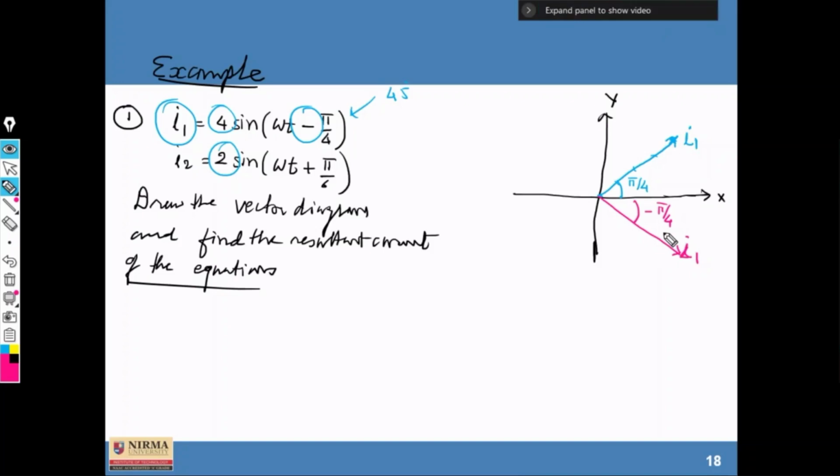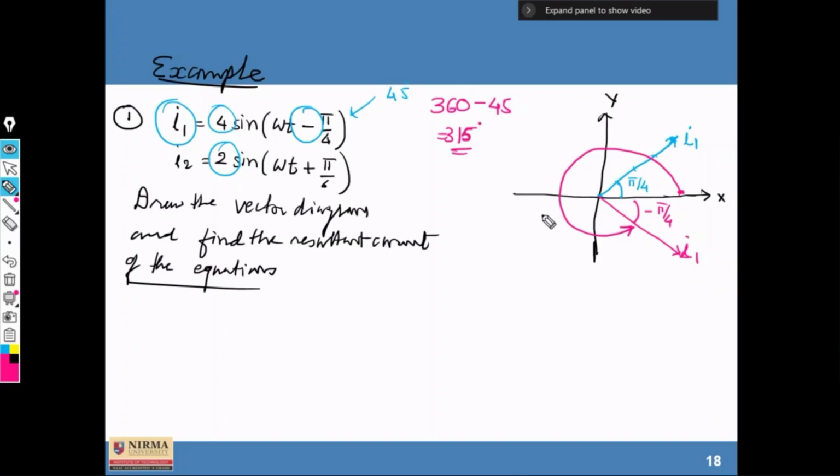See, every time we will start from 0 in anti-clockwise direction. Fine. So this is anti-clockwise direction, am I right? And if there is a minus sign, then we will subtract it from 360. Fine. And then we will find the correct angle, that is 315 degree in an anti-clockwise direction.